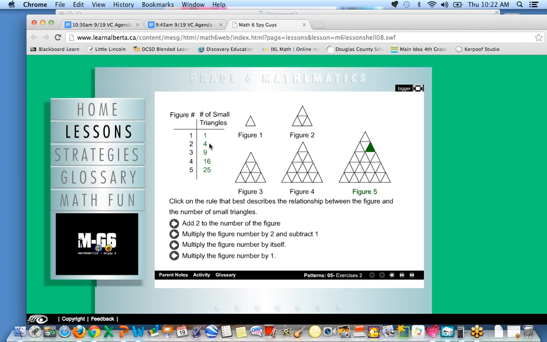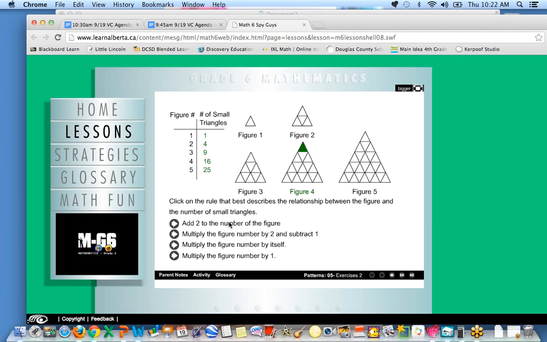In figure number 2, there's 4 triangles. In figure number 3, there's 9 triangles. So what we need to do is figure out what in the world this pattern is. We're moving from 1 to 4 to 9 to 16 to 25. And then we need to figure out what the figure number helps us with. Let's look at the choices.